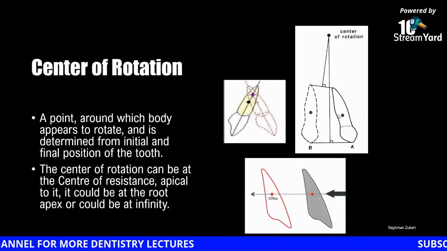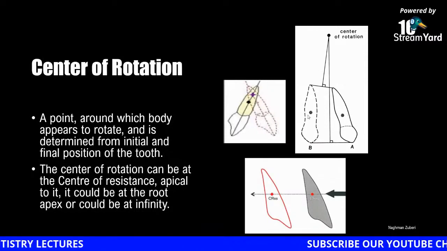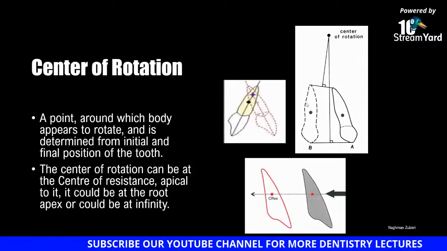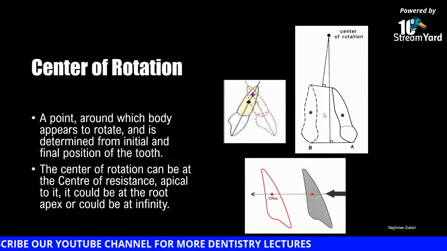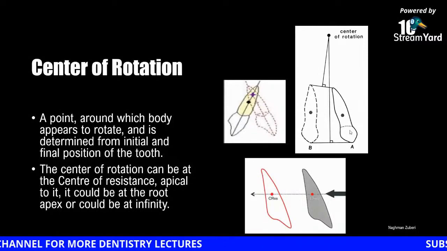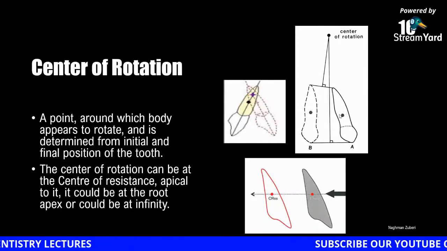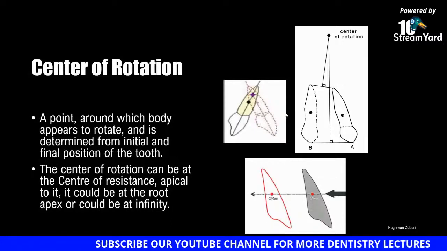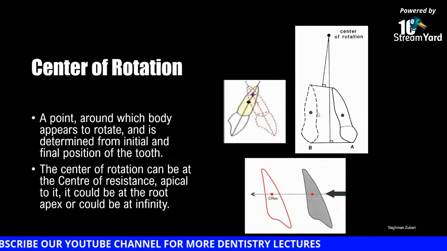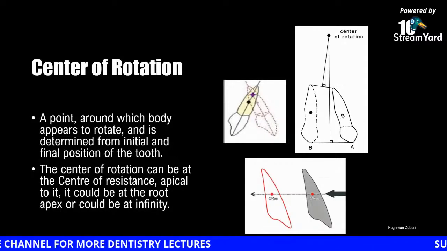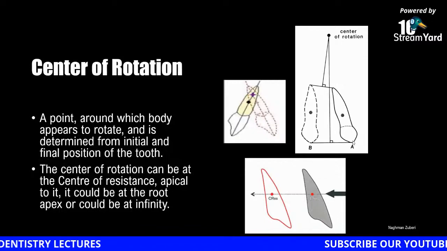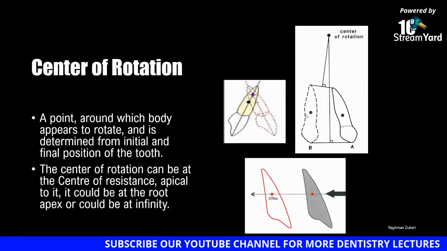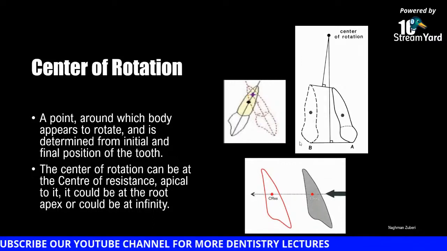Well, when we move the teeth in the extraction space, especially when we do some class 2 treatment or some bimaxillary protrusion cases, it is not always possible that the tooth is going to be completely drifted or bodily translated without changing its orientation. It will be distalized as well as slightly tipped.